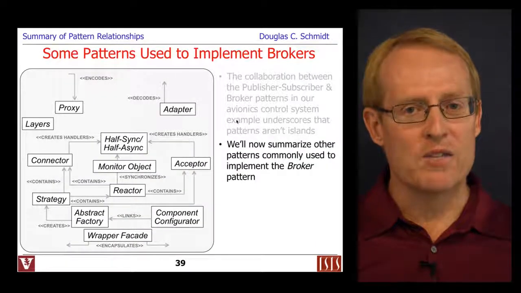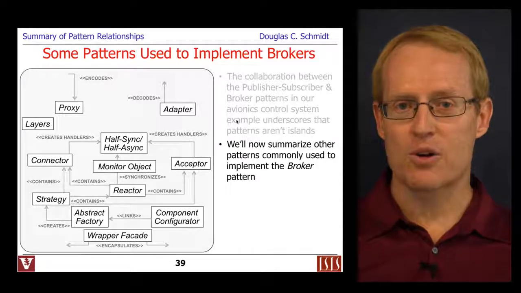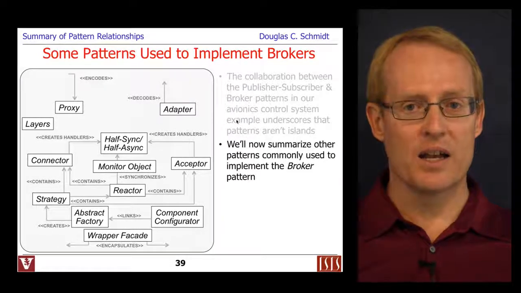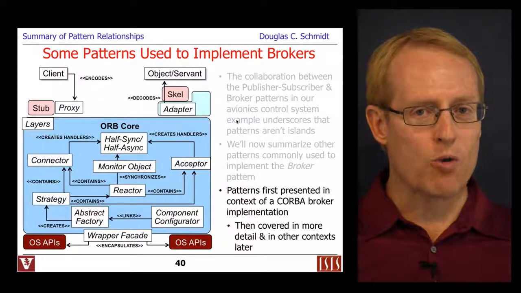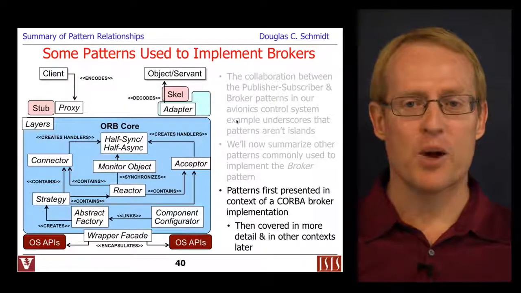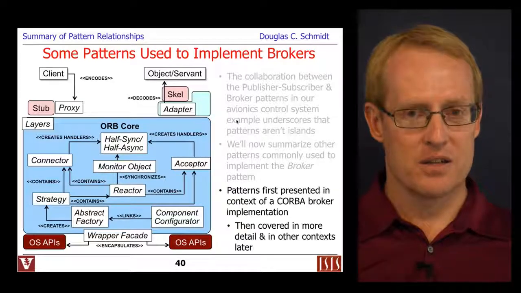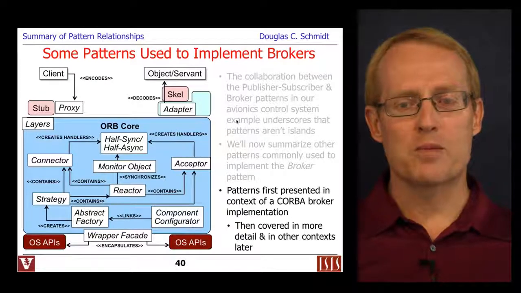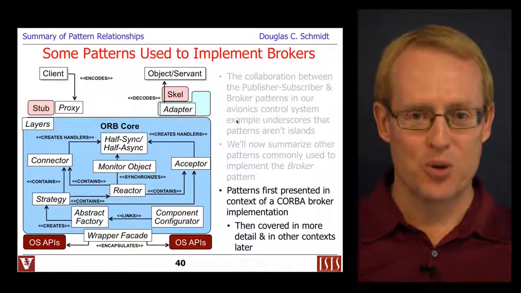What we're going to do in the rest of this part, very briefly, is summarize some of the other patterns that are commonly used when developing brokers. We're going to focus on Corba right now, just because that's what we did when we built the system, and it's a nice starting point. But be aware, as we get further along in this course, we're going to be exploring other uses of these patterns in ways having nothing to do with Corba.